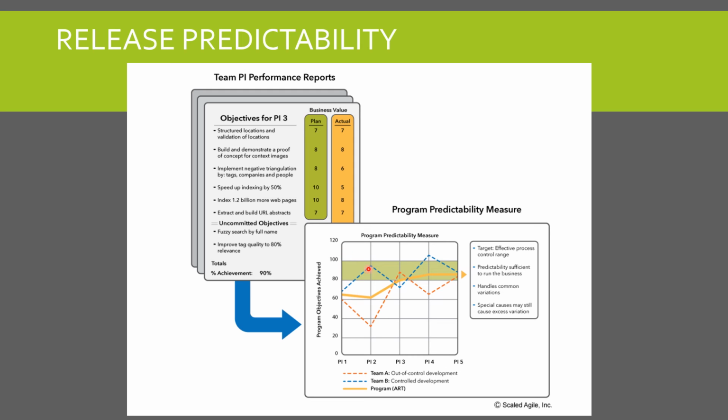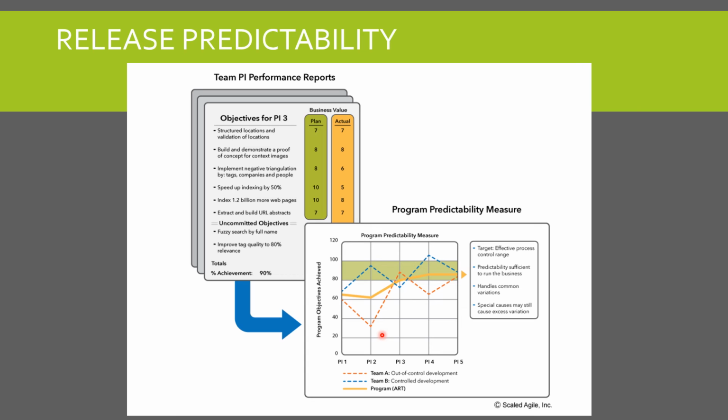So you can put in your upper control limit and lower control limit. Your ART or your release train is expecting the team to achieve anywhere between 80 to 100% of objectives. The release predictability is derived from your product backlog, from your business value indications.